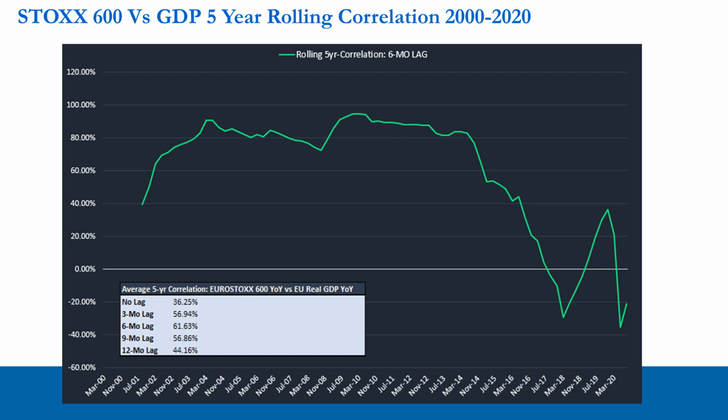So the read across here is that in our data set, up until around 2015, we had very decent, strong correlation on a 6-month rolling 5-year average. And from 2015 onwards, this correlation started to break down.